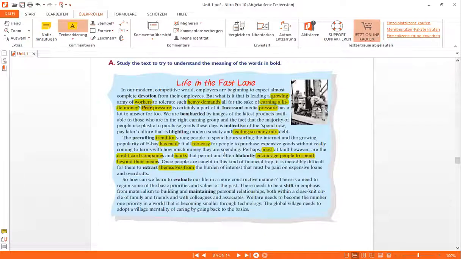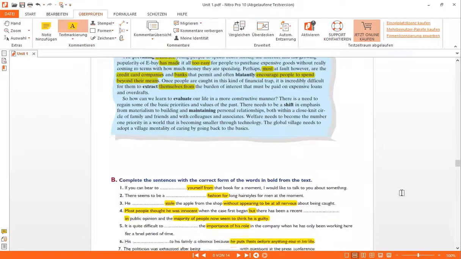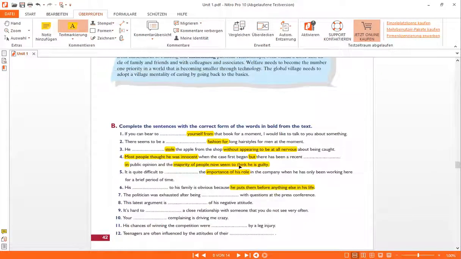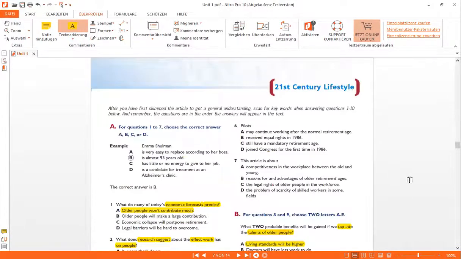Okay, where is the word? Oh, okay, so the person is guilty. It's here. So there is a shift in public opinion, all right? The public opinion has shifted towards considering him as a guilty person.